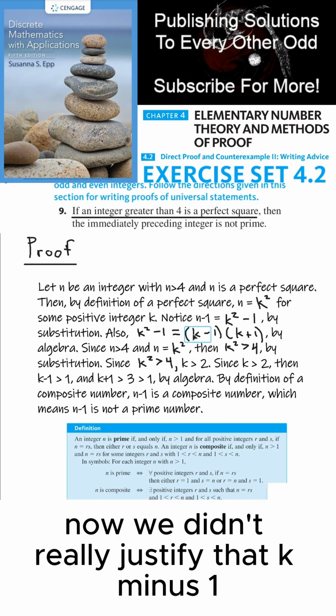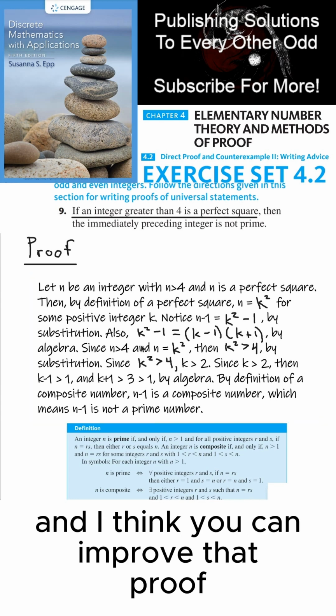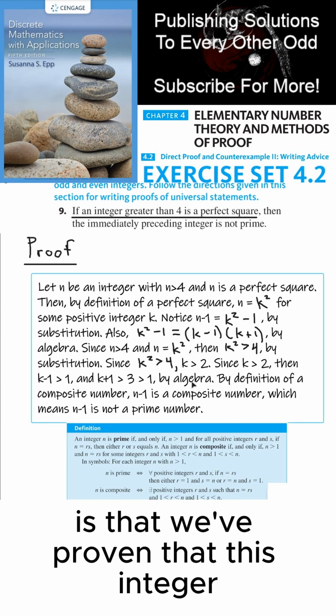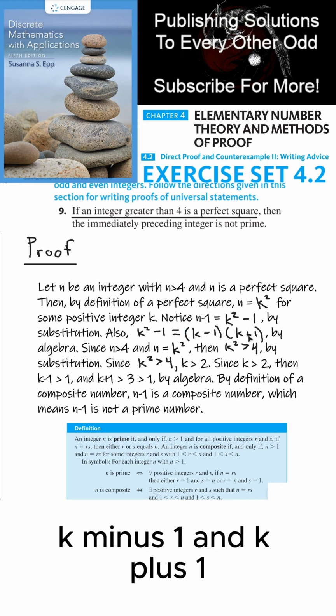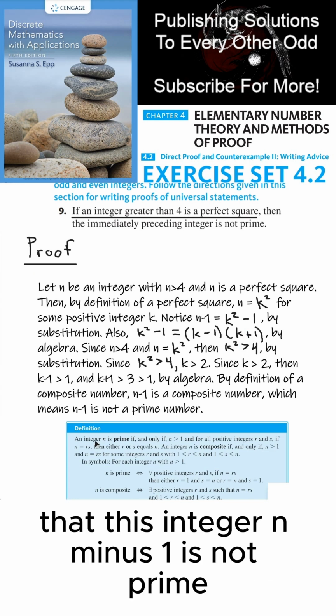Still, I think you can improve the proof by justifying that claim. However, what's important here is that we've proven that this integer n minus 1 is not prime, since we have two factors, k minus 1 and k plus 1, neither of which is equal to n minus 1. And so that means that n minus 1 is not prime.